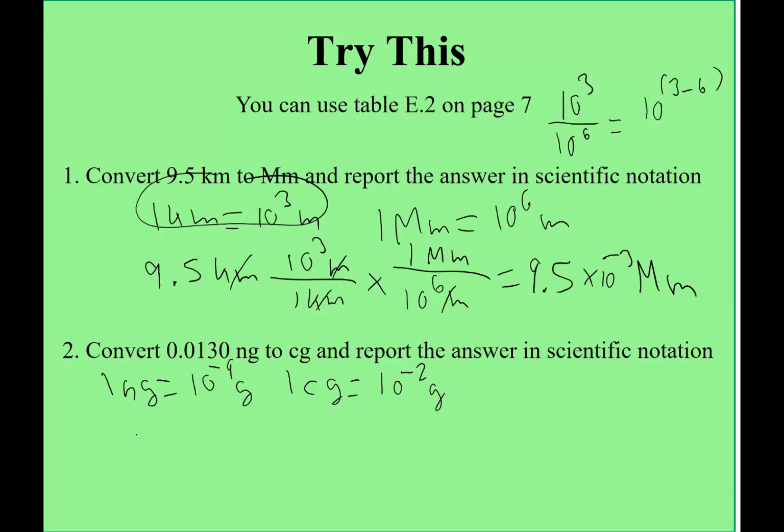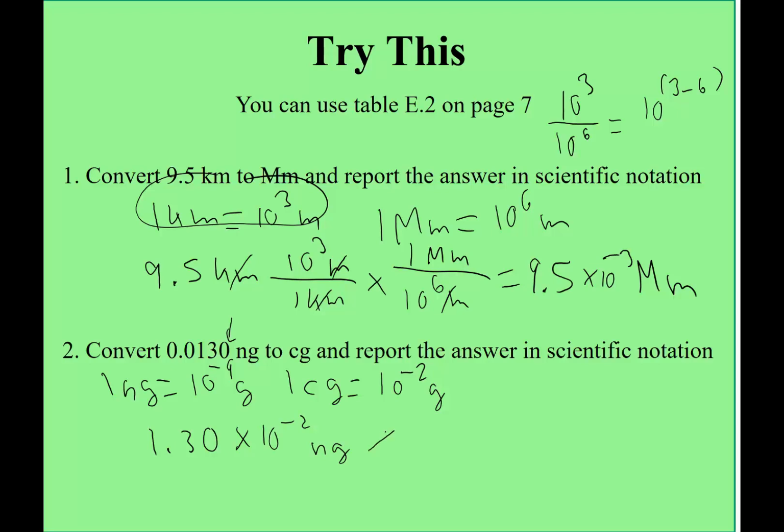I'm also going to convert this to scientific notation, so I'm going to go 1.30. This 0 is significant, so we have 3 significant figures, times 10. So I moved it over to the right by 2. This is 10 to the minus 2 nanograms, and then I'm going to do my double conversion.